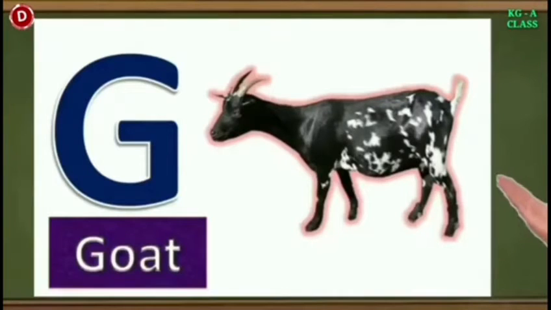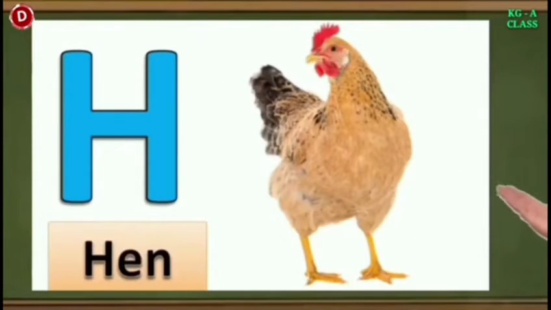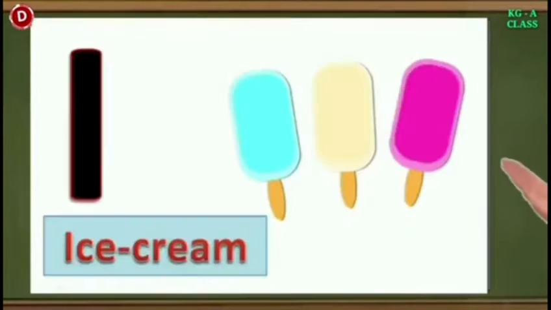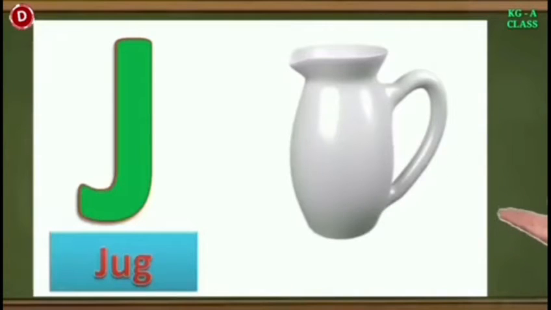Children, this is G. G for goat. Now comes H. H for hen. Children, the next letter is I. I for ice cream. We all love to eat ice cream in summers. Now comes J. J for jug.